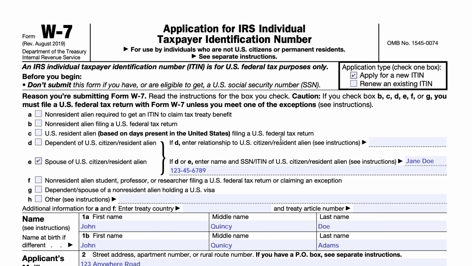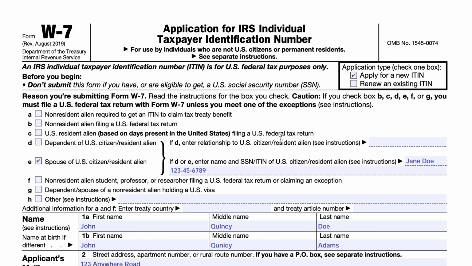What Form W-7 provides is the opportunity for the IRS to evaluate your documents and then assign a taxpayer identification number for federal tax purposes only.